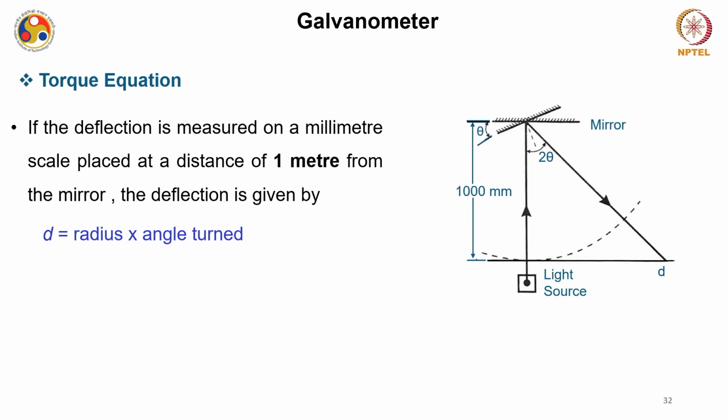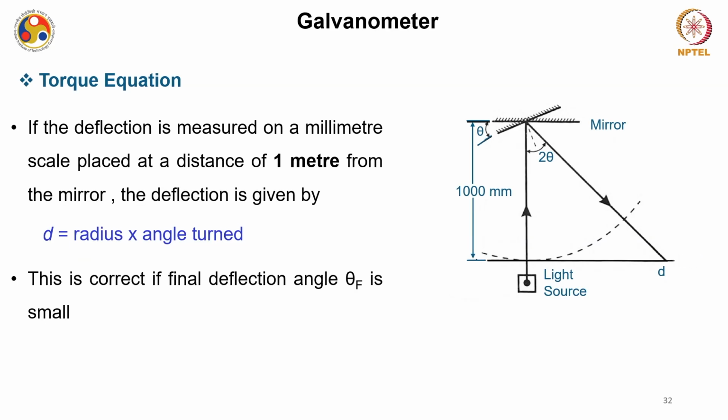Now, let us try to understand the indicating part in this case. If the deflection is measured on a millimeter scale placed at a distance of a meter from the mirror, the deflection can be written as d equal to radius into the angle turned. This equation is true only when theta f is very small.